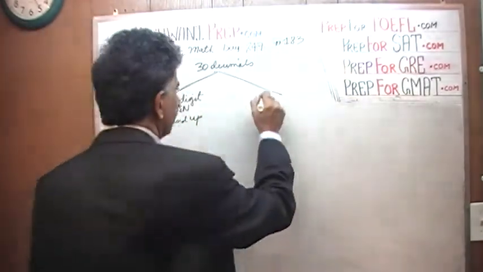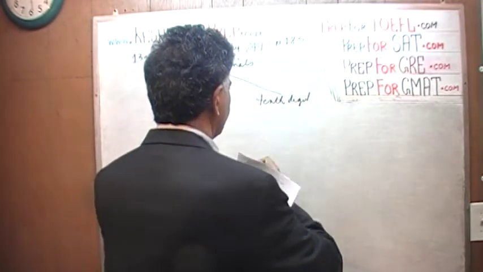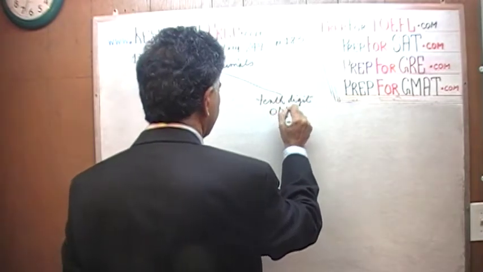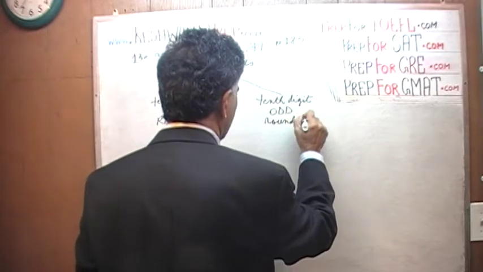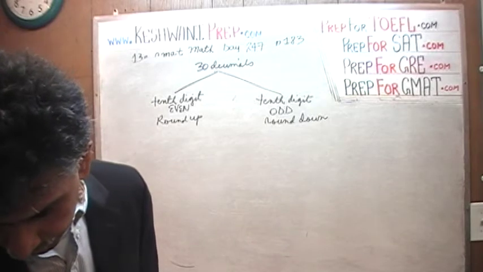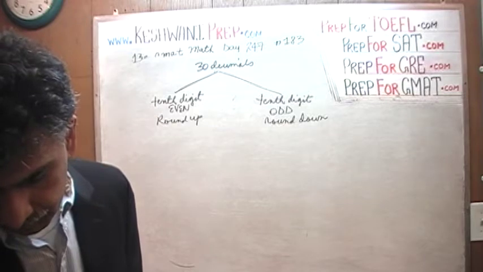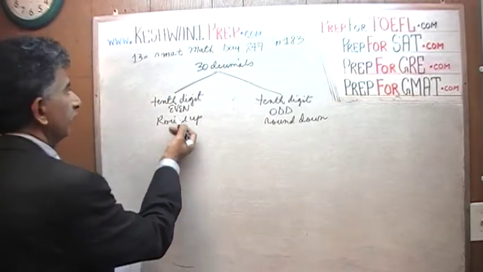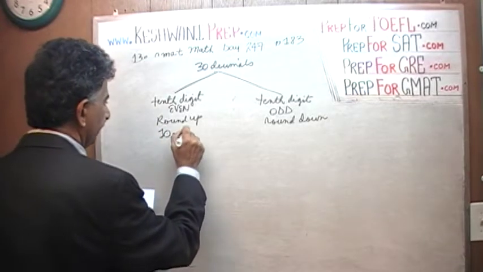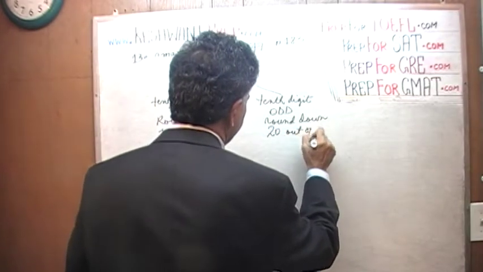And if the 10th digit happens to be odd, we are supposed to round down. Well, how many of each do we have? Do they tell us? If a third of the decimals in the T have the 10th digit that is even, alright, third of them are even. So even is 30, third of 30 is 10 of them. So 10 out of 30. And here we have 20 out of 30.